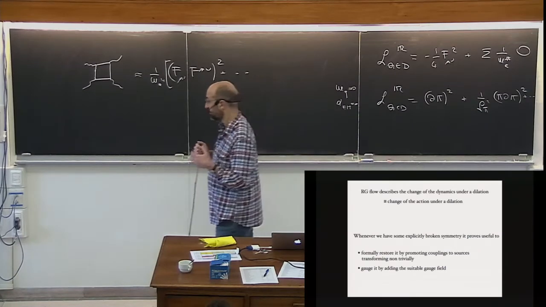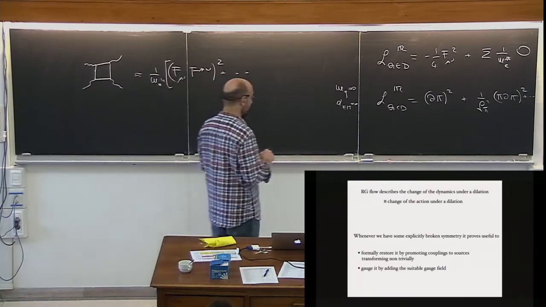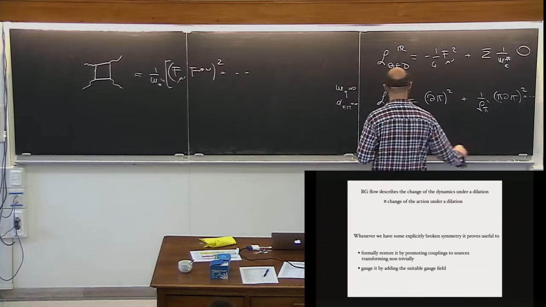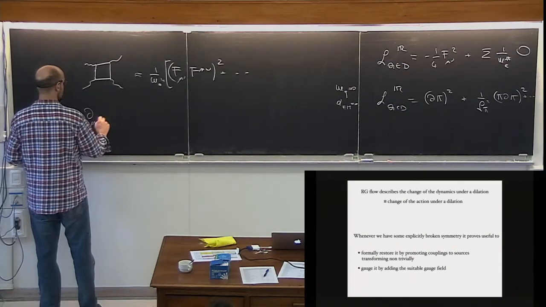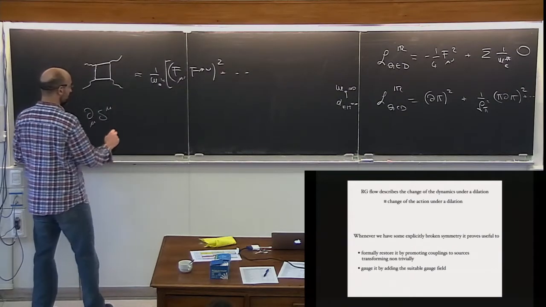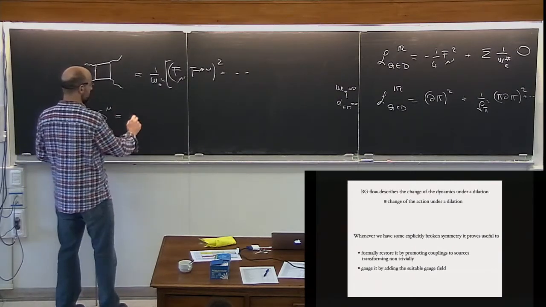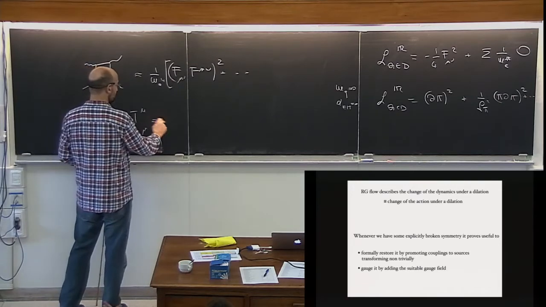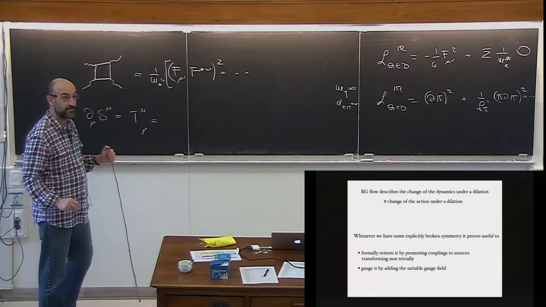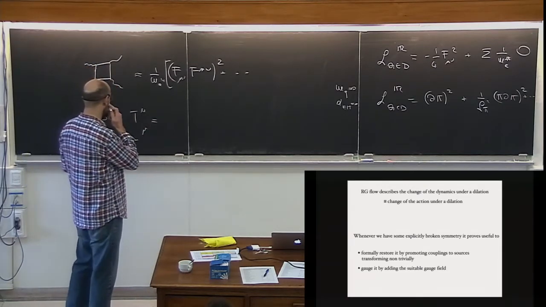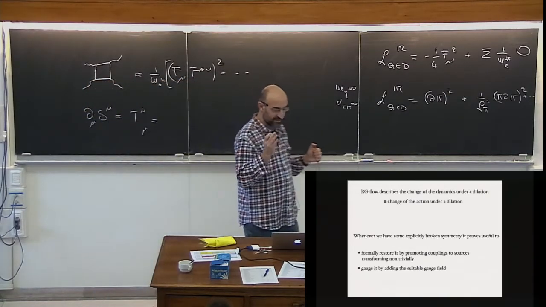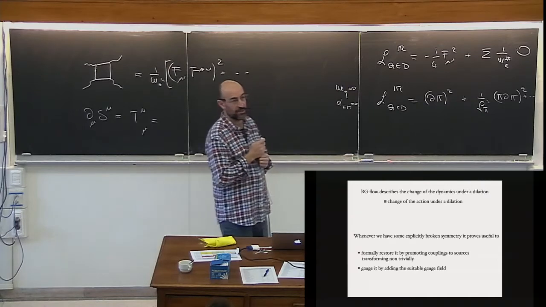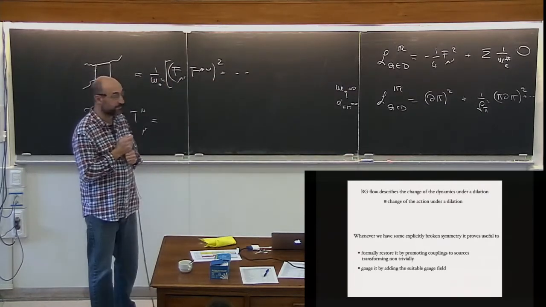Okay, as you have seen yesterday, there is the dilatation current, which is equal to T mu mu, the trace of the energy momentum tensor. Let's consider the simple case where you are close to a conformal fixed point.